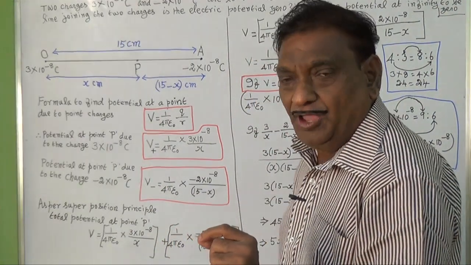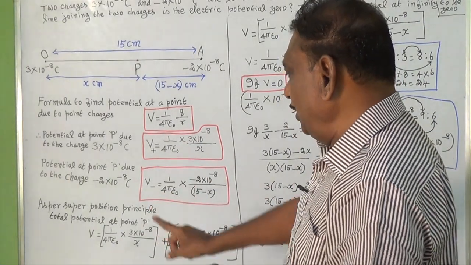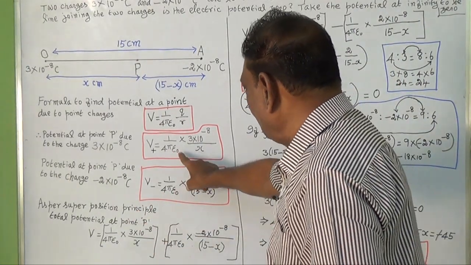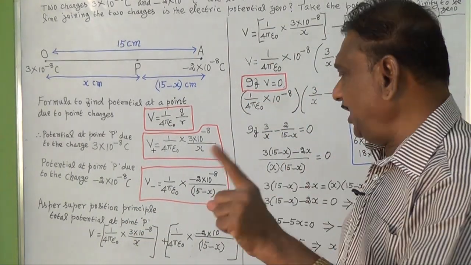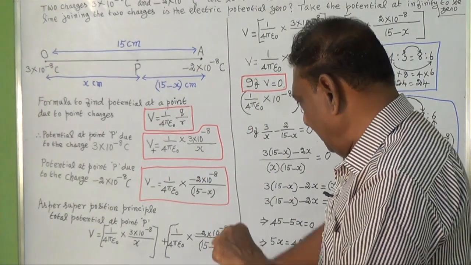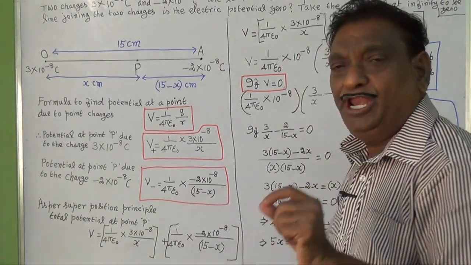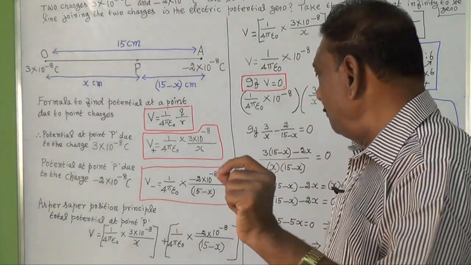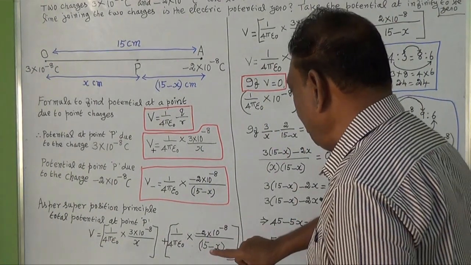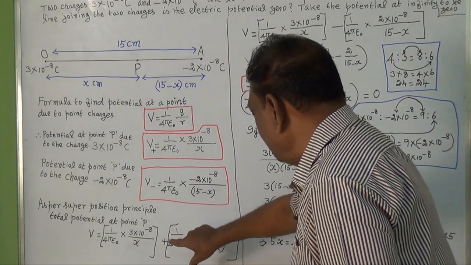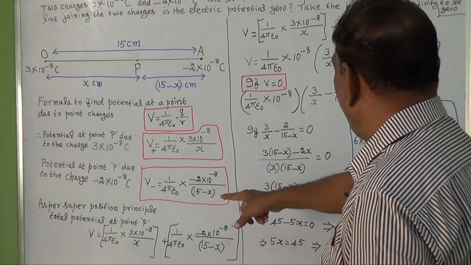So now we are going to write the equation for total potential V equal to 1 by 4 pi epsilon naught into 3 into 10 to the power of minus 8 by X plus 1 by 4 pi epsilon naught into minus 2 into 10 to the power of minus 8 by 15 minus X. Subsequently, if we multiply the plus and the minus sign, we will get plus into minus as minus.